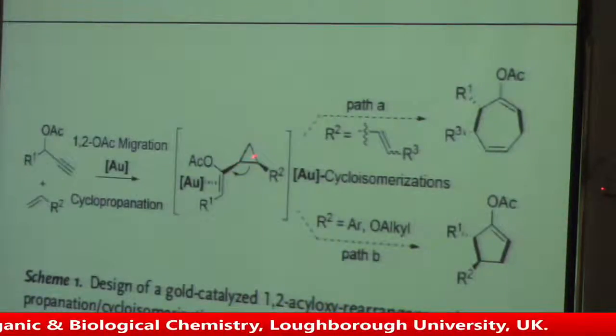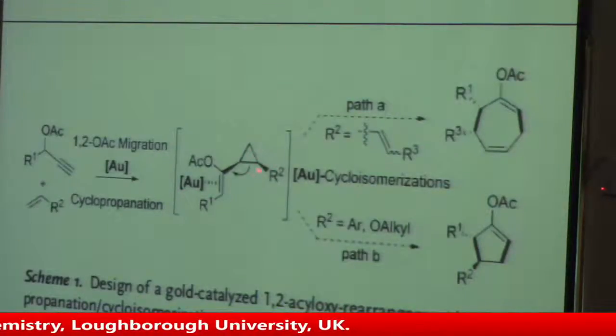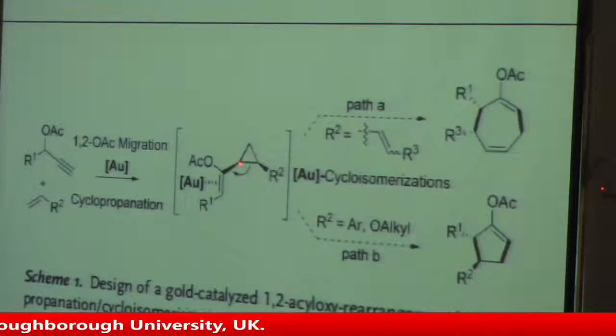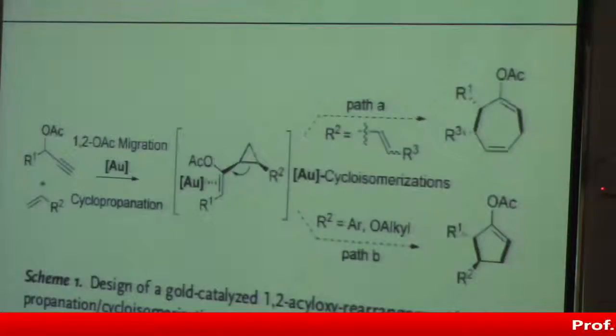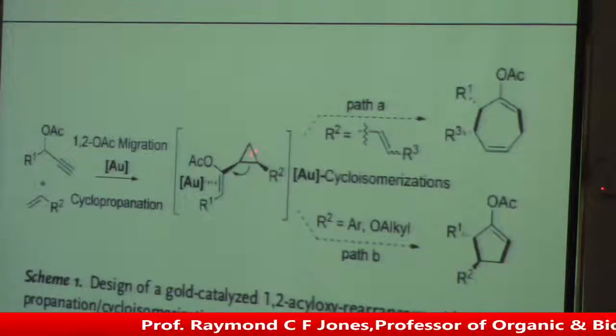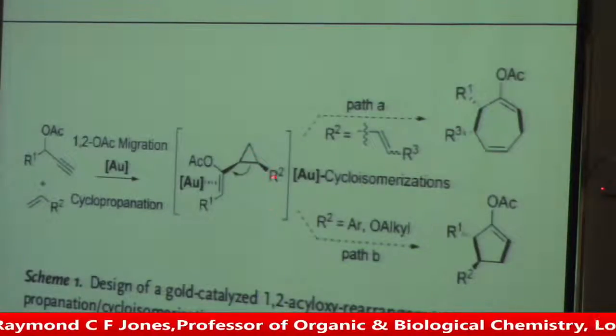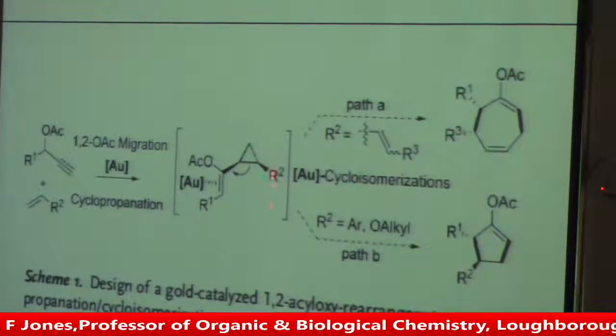That reacts with an added alkene to form a cyclopropane, and the gold that's around just complexes to the alkene that's left. Now if the alkene that you add is actually part of a diene, then you've got one of the double bonds here, and you've got another double bond in the side chain.